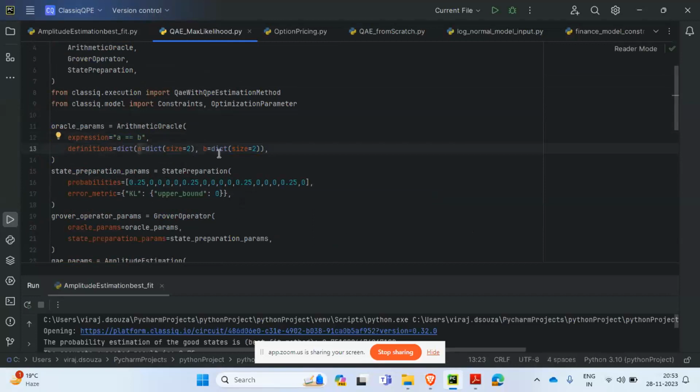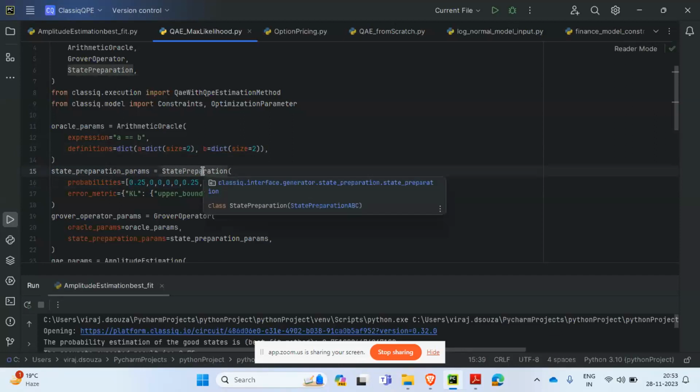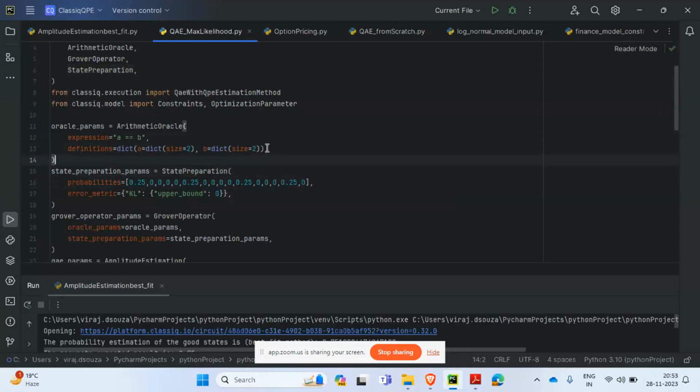Here it's a 4 qubit register, so it can take 16 possible amplitudes. These are the amplitudes, and I know that the good states here have amplitude 0.25. This is the state 0, 0, 0, 0, and of course here A is equal to B. Similarly, we have other good states like 0, 1, 0, 1, 1, 0, 1, 0, and 1, 1, 1, 1. These are the good states for which A is equal to B.